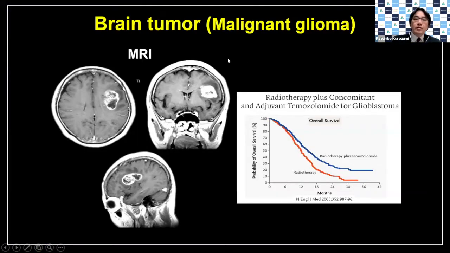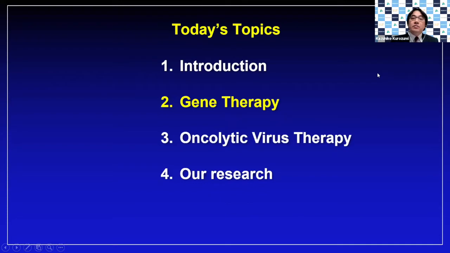For targeting brain tumor, malignant glioma is a very bad tumor, as you know, with approximately one year survival. So today's main topic is gene therapy and oncolytic virus therapy.